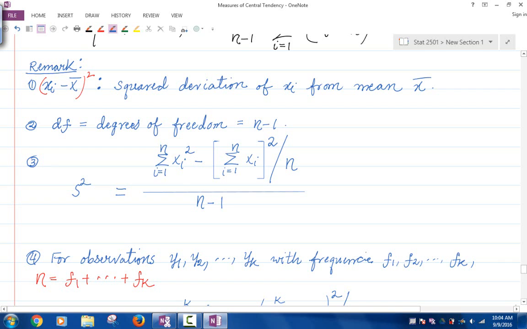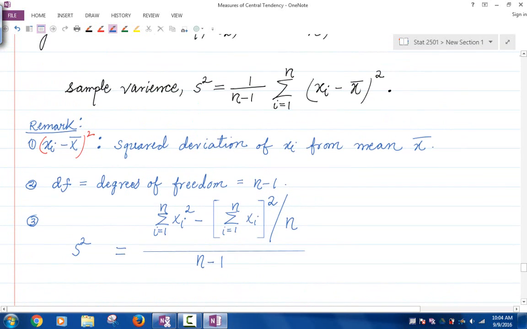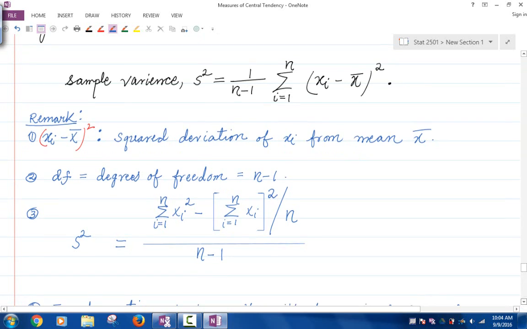You can derive number 3 from the definition of sample variance just by doing some algebra. I won't go through that. The reason I'm also giving you number 3 is that a lot of the time it is easier to work with than the other one.